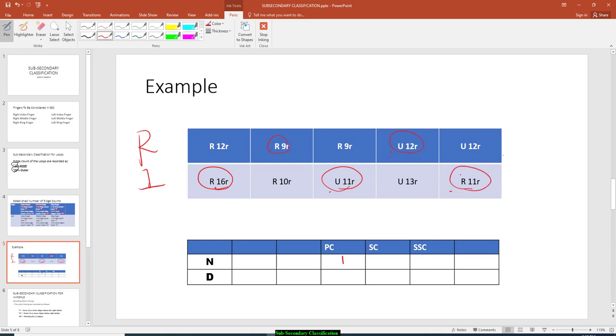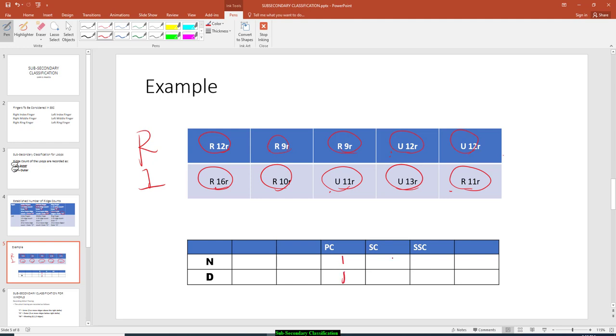So all of these fingerprint patterns are non-numerical. So it will be 1 under the numerator. Denominator, we have radial, radial, ulnar, radial, ulnar plus 1 will be 1. It will be 1 over 1.